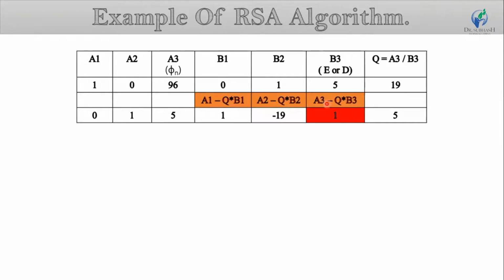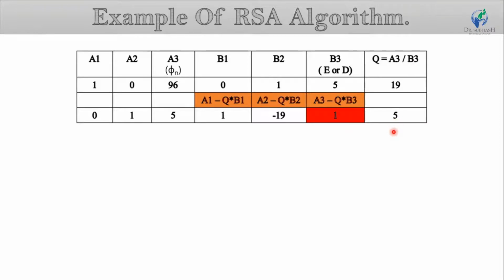Now we put these A1, A2, A3 and B1, B2, B3 values in these equations, and we find the new values of B1, B2 and B3. So B1 is 1, B2 is minus 19, B3 is 1. Now again we find the value of Q. So Q is A3 divided by B3, and that answer is 5.